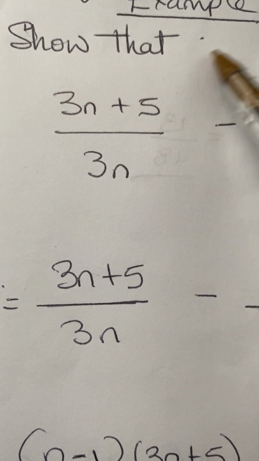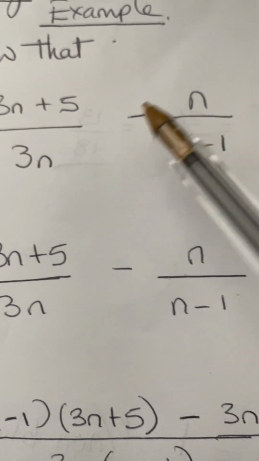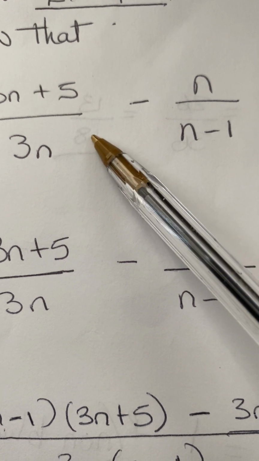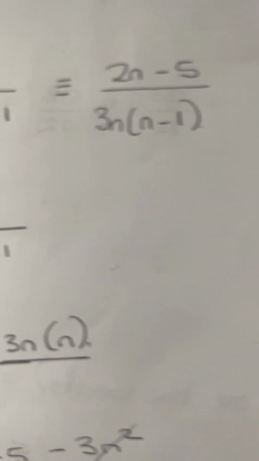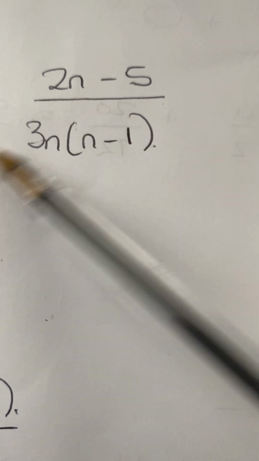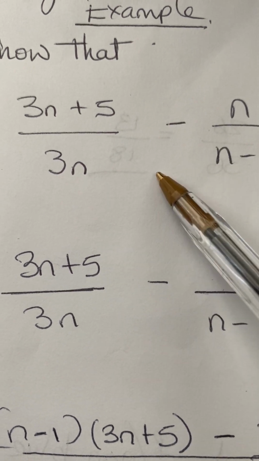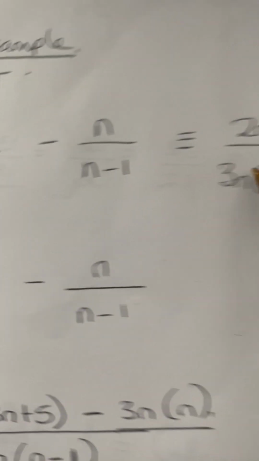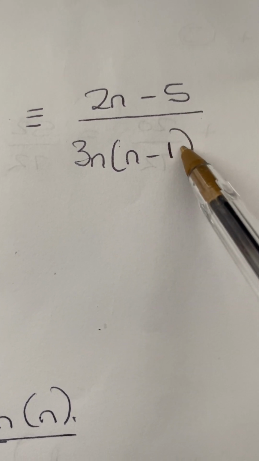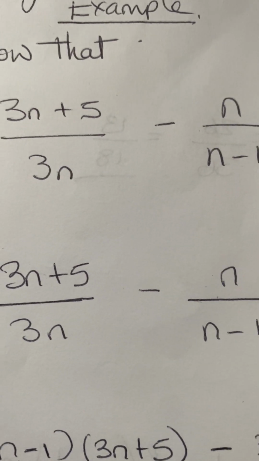So if they say show that or prove that, it means prove that this whole thing here, the left hand side of the equation, equals the right hand side of the equation. Okay, so I will start from the left hand side and then gradually arrive at this. Okay, this is algebra.